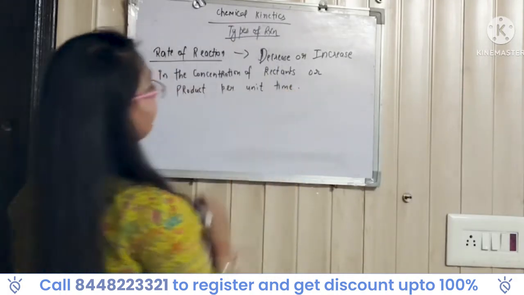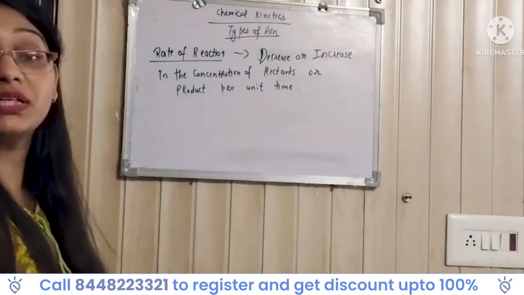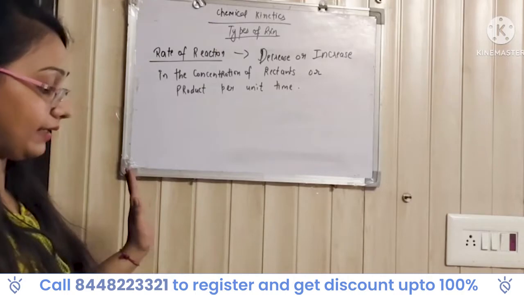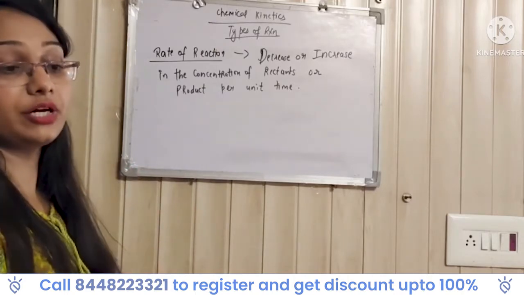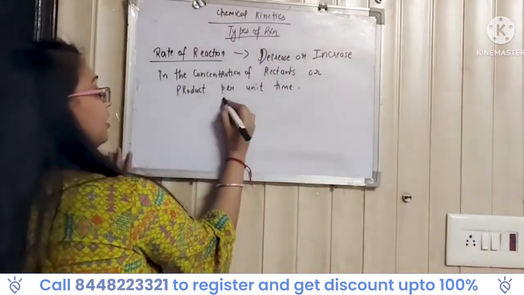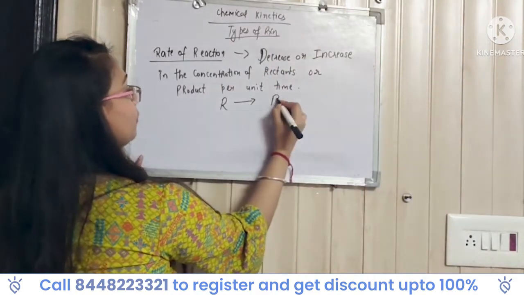Now what does this particular line tell us? It means the decrease in the concentration of the reactants or the increase in the concentration of products per unit time is known as the rate of reaction. Considering a reaction, reactants are converted into products.